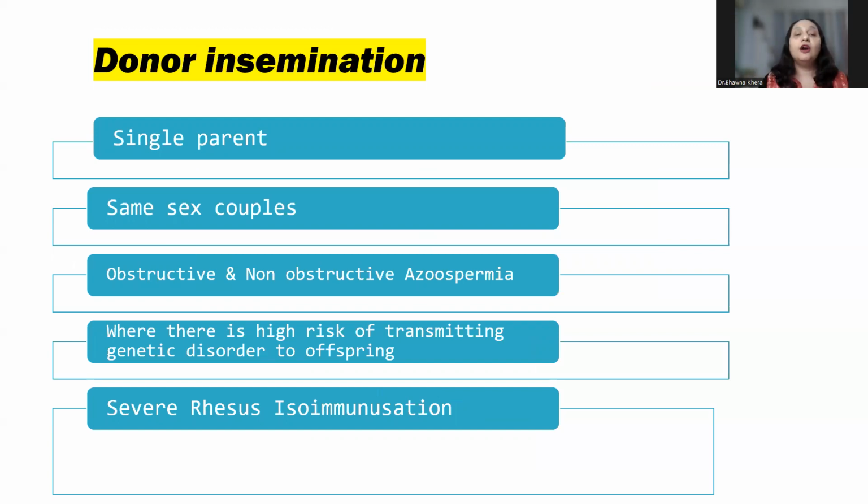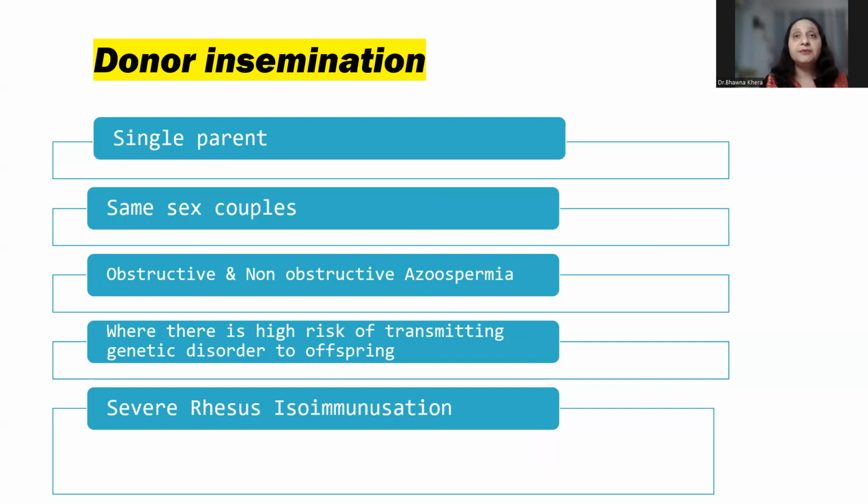Okay. Now, what about donor insemination? When do you need donor sperms? Of course, if there is a scenario of testicular failure, where the testis is not producing any sperm at all, so there is azoospermia, in which even your testicular biopsy does not show any sperm.